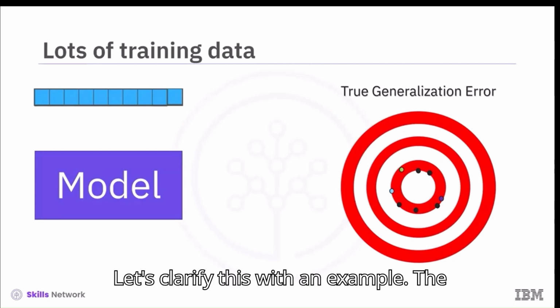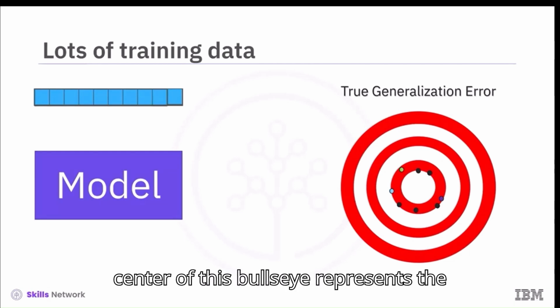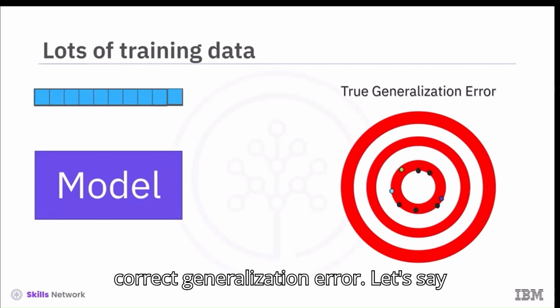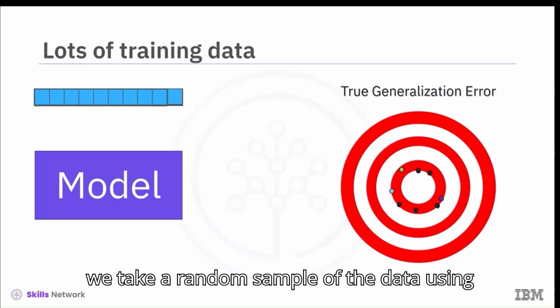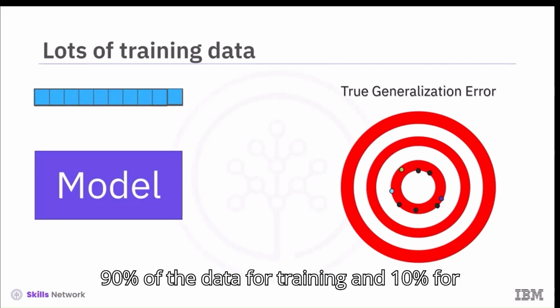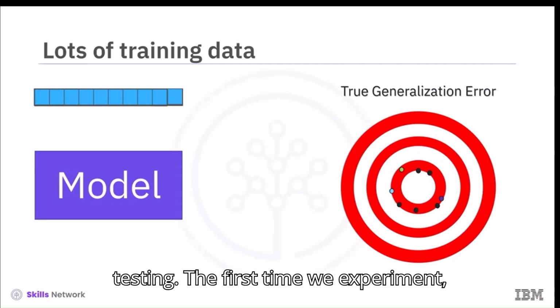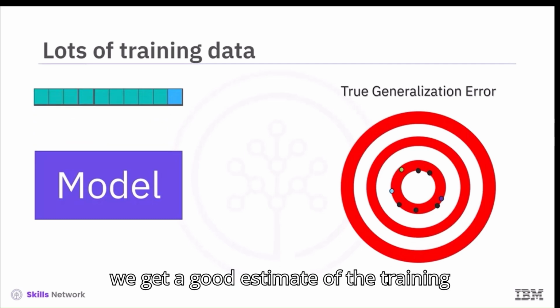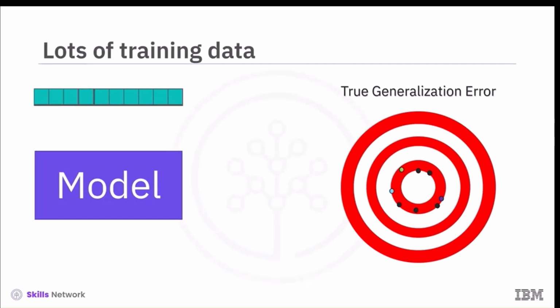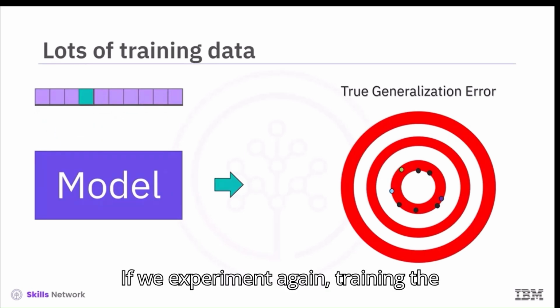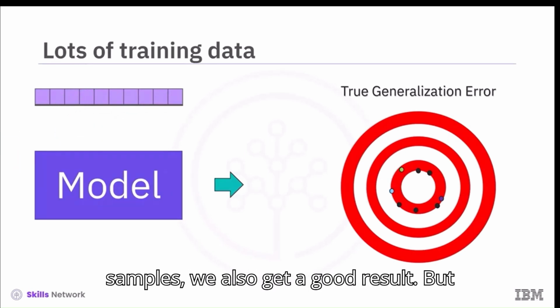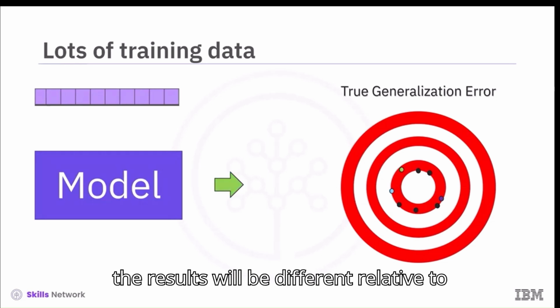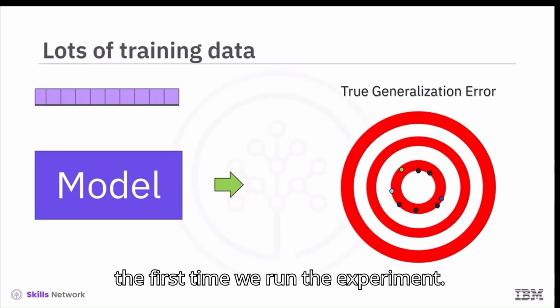Let's clarify this with an example. The center of this bullseye represents the correct generalization error. Let's say we take a random sample of the data using 90% of the data for training and 10% for testing. The first time we experiment, we get a good estimate of the training data. If we experiment again, training the model with a different combination of samples, we also get a good result, but the results will be different relative to the first time we run the experiment.